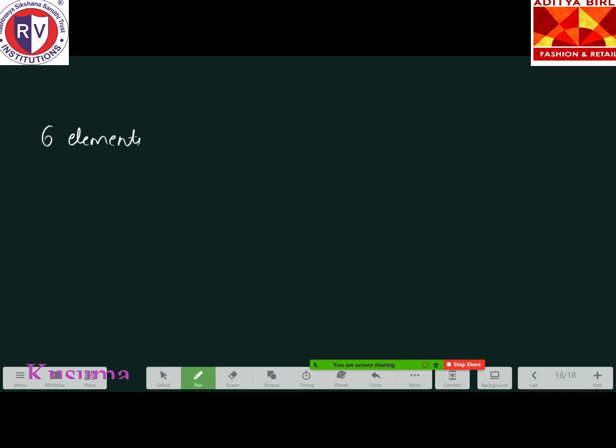Let the set be A and it is having 6 distinct elements. The number of distinct functions from A to A, which are not bijection, is what we have to find. So the functions should not be a bijection. We have to calculate such functions.